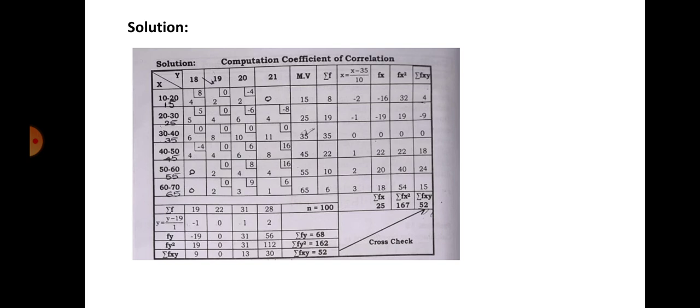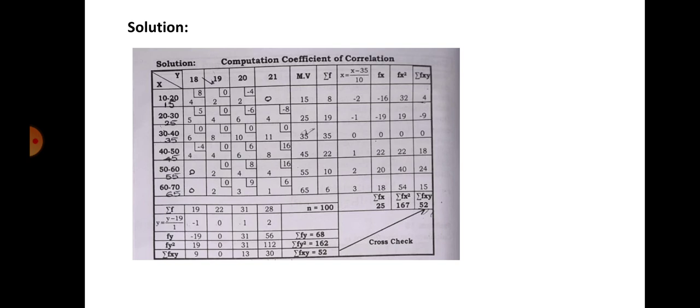Now the fxy column will have to be kept as it is. Similarly, now sigma fy you have to do, for the y value. Minus 19, 19 is the second value. You can even take 19, or you can even take 20 or the first value, just to avoid the negative sign. So y minus 19 by difference is 1.